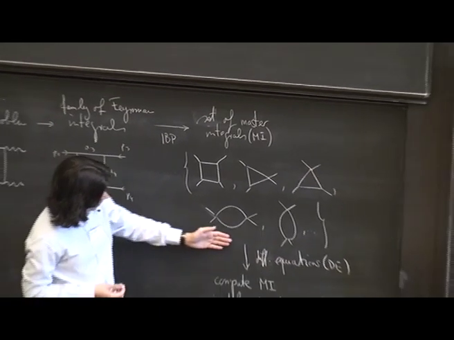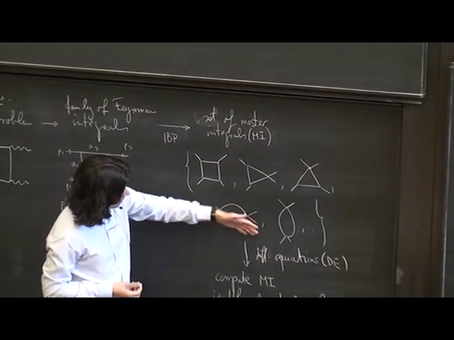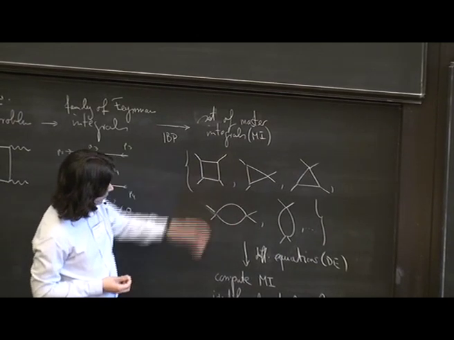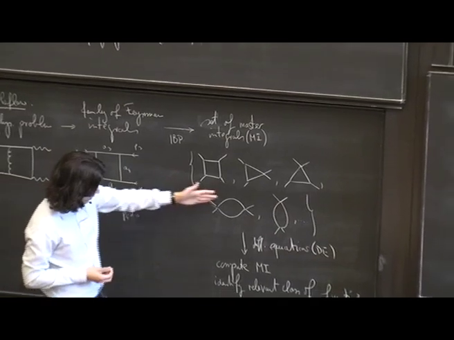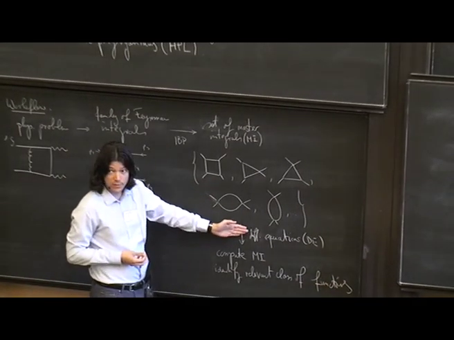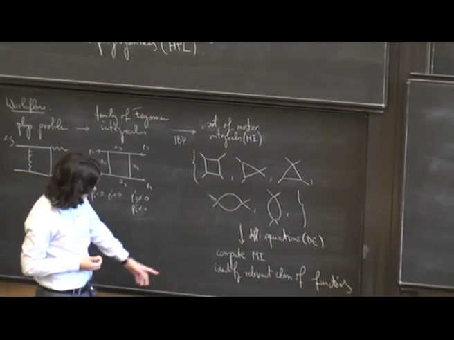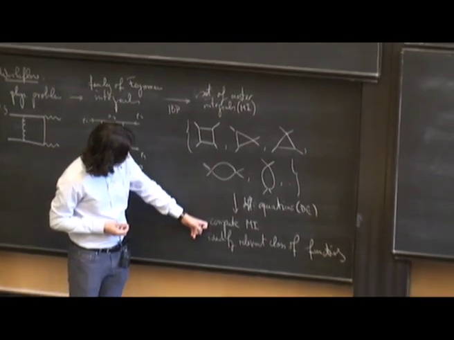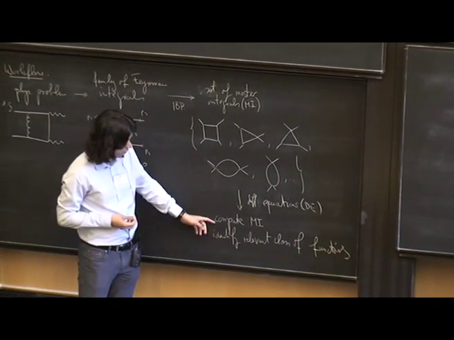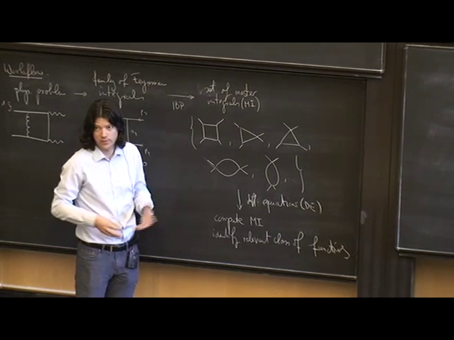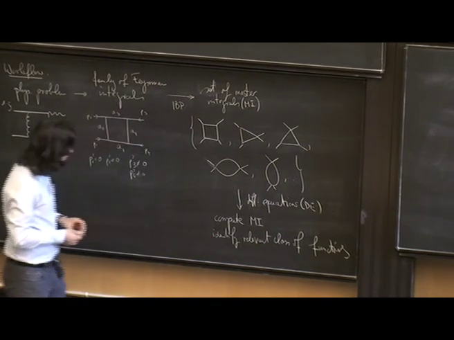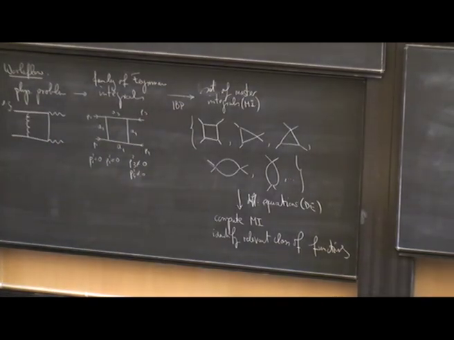There's some grading, some order of complexity by the number of propagators. So there's this finite set, and then one derives differential equations, as we did yesterday, to compute them. And in particular, when setting up the differential equation, it also becomes clear what the relevant class of functions is that one needs to describe them. So that's the general procedure within this method.